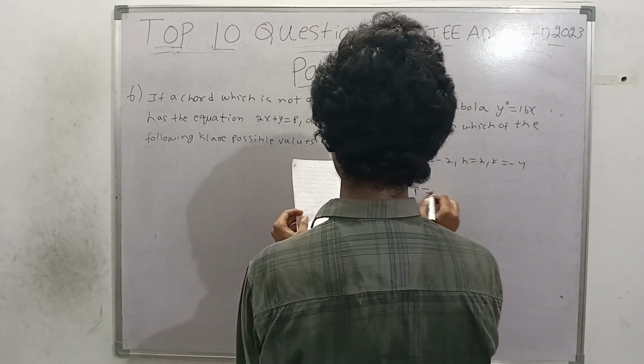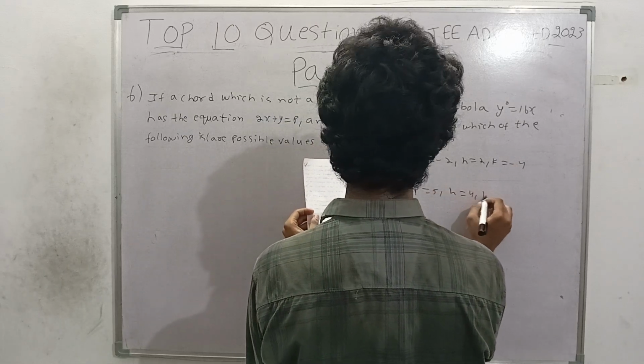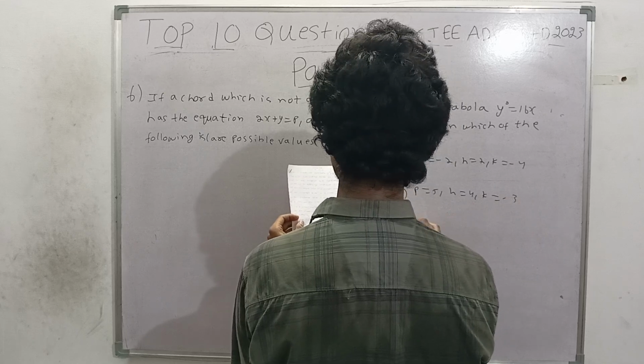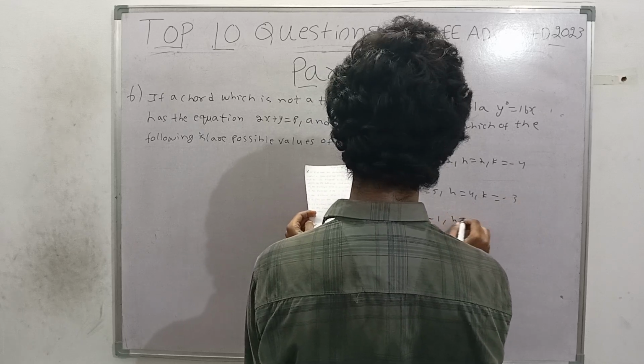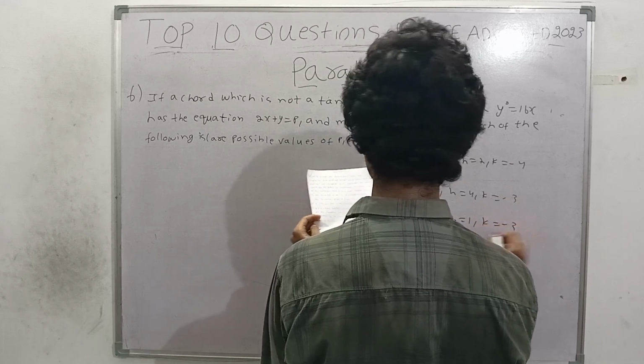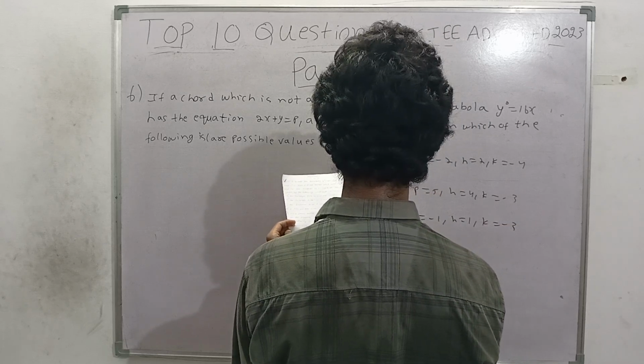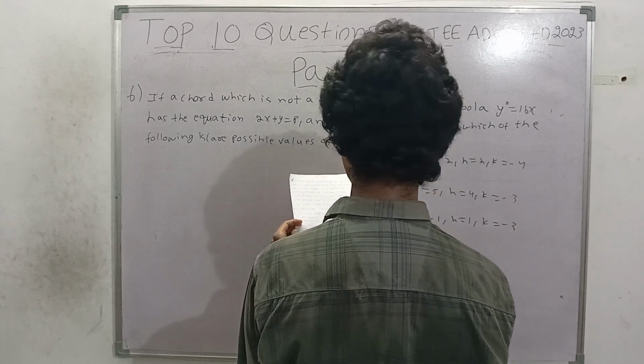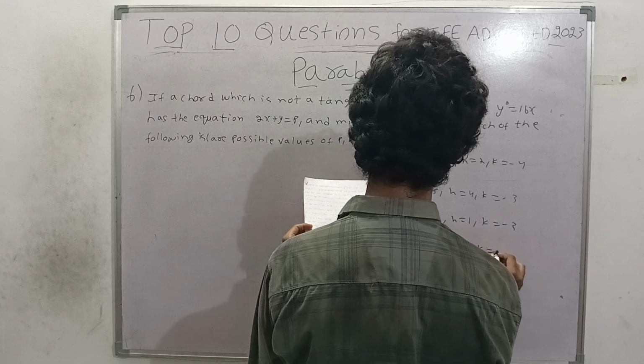Option B, p equal to 5, h equal to 4, k equal to minus 3. Option C, p equal to minus 1, h equal to 1, k equal to minus 3. Option D, p equal to 2, h equal to 3, k equal to minus 4.